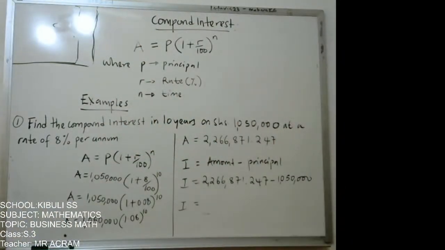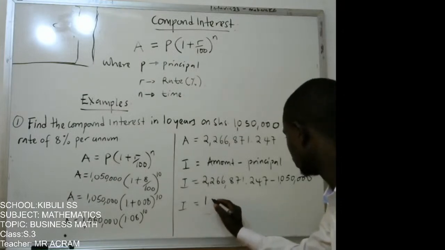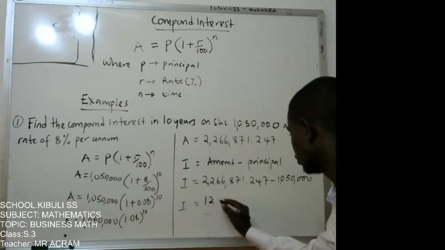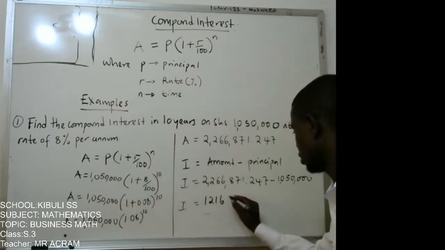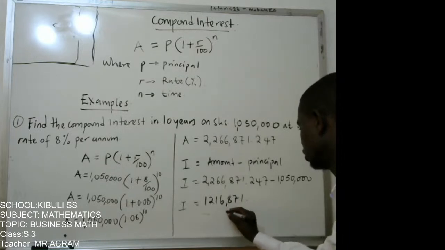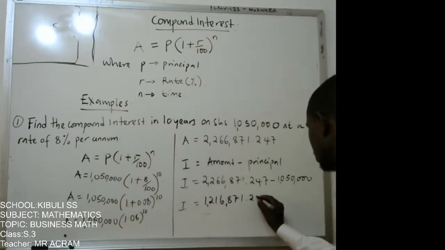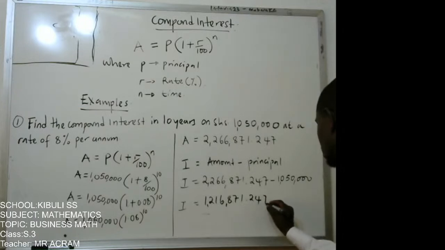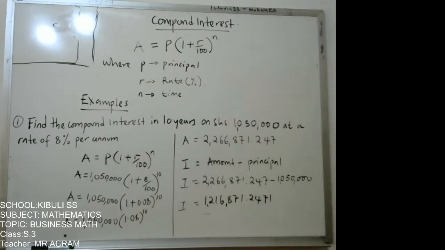You remain with 1 million, 200, 1, 2, 16, 871.24, 71, 65. Okay, let me round off to 4 decimal places.